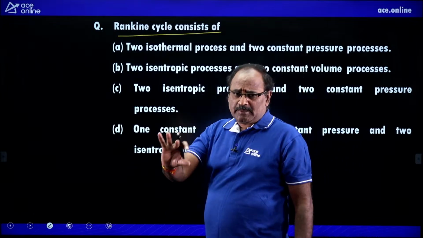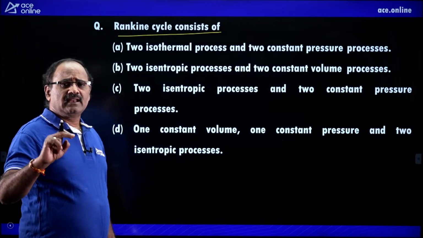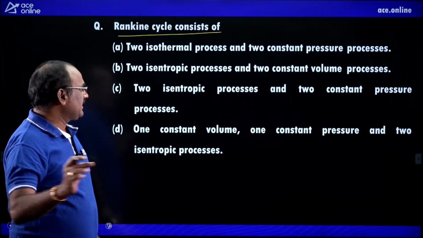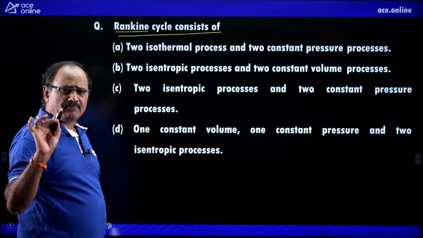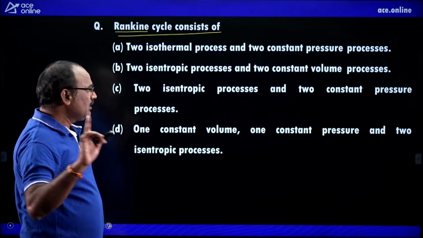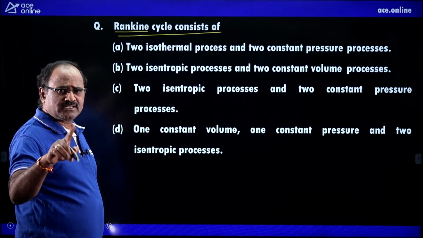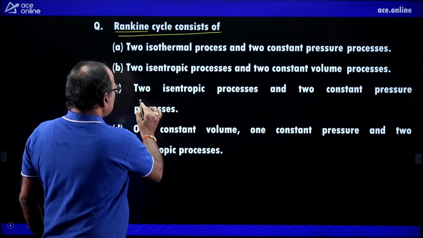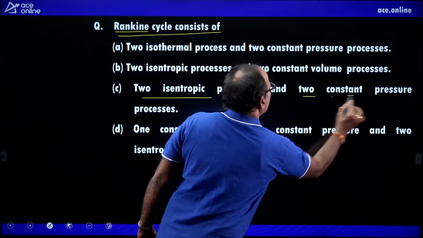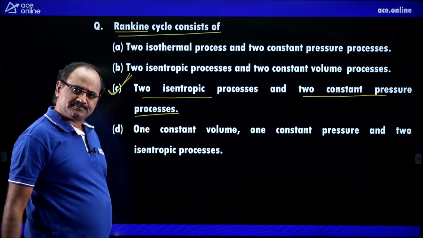But the difference between the Rankine cycle and the Brayton cycle is that for the Brayton cycle, gas is the working material, whereas for the Rankine cycle, vapor or steam is the working material. Anyhow, the Rankine cycle consists of two isentropic processes and two constant pressure processes. Look at option C, two isentropic processes and two constant pressure processes. Option C is absolutely correct.